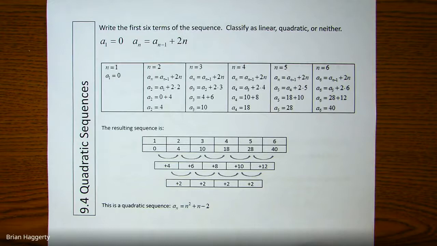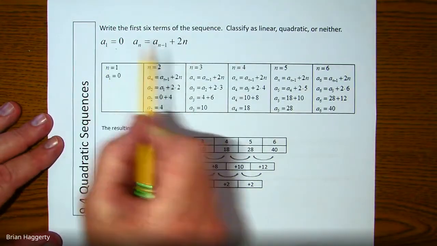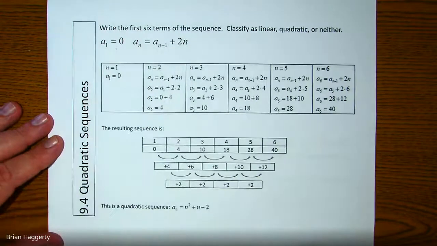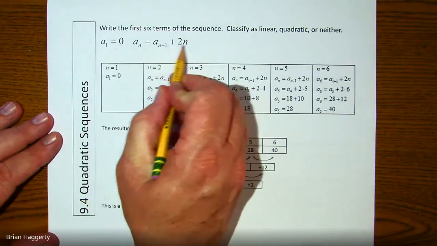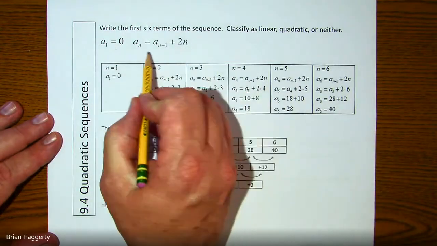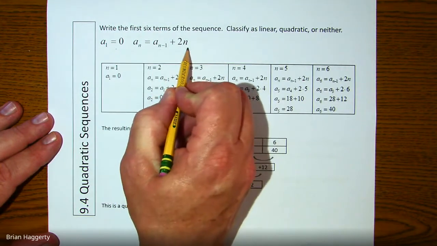And with these guys, recall that they have to give you some beginning point for the sequence and then give you some rule of how to move from one term to the next. These can be a little bit more confusing with quadratics than the linear or the geometric were, because the n is in two different places. It's working as the subscript here, and it's also working as what we multiply by there.